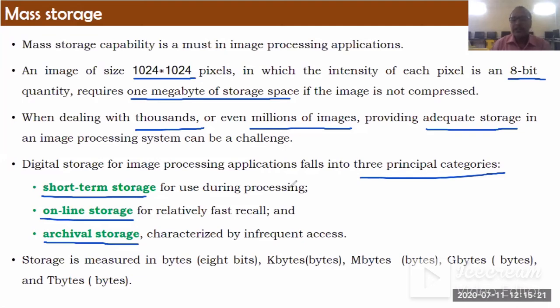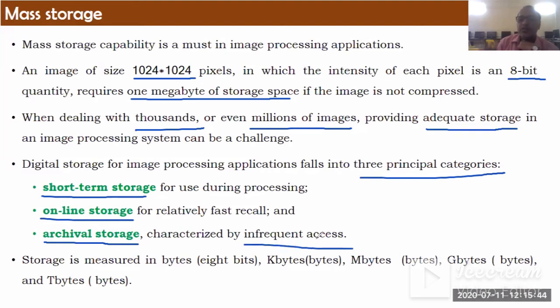Short-term storage is required during the processing. Online storage is relatively fast for recall, meaning cloud-based storage, so we can easily access it and also save it. Then archival storage means our permanent storage, with infrequent access.